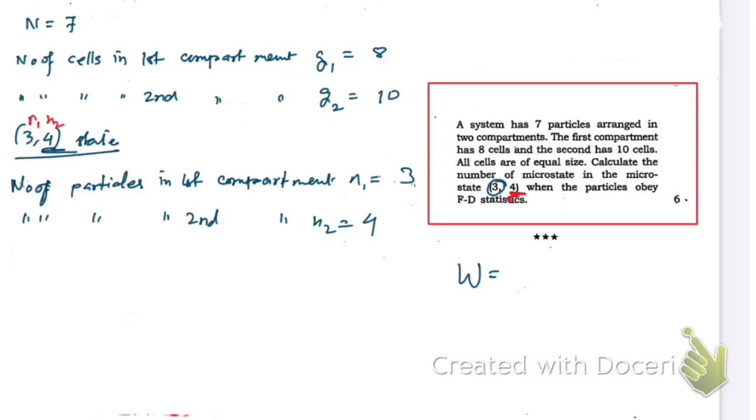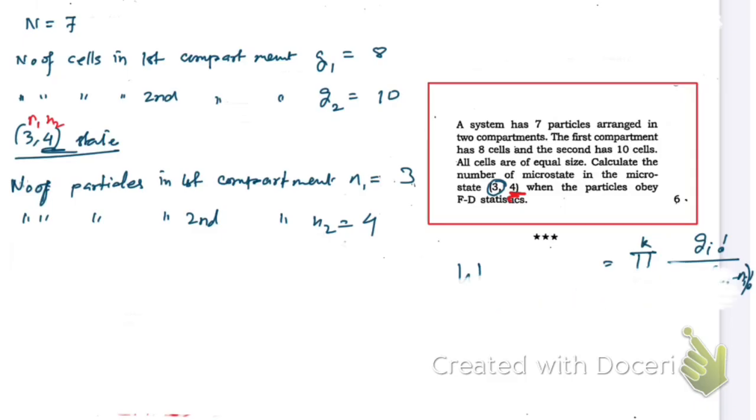is given by W(N1, N2, ..., Nk) equal to the product from i equal to 1 to k of Gi factorial divided by Ni factorial into (Gi minus Ni) whole factorial, right?